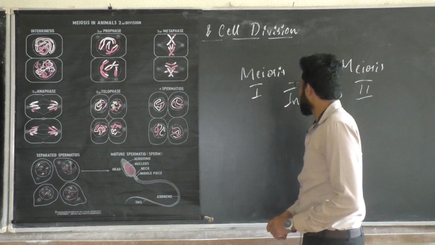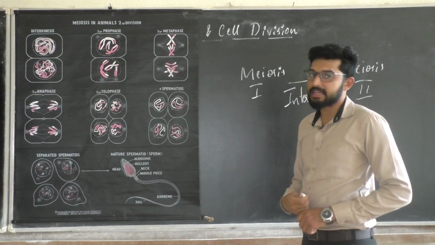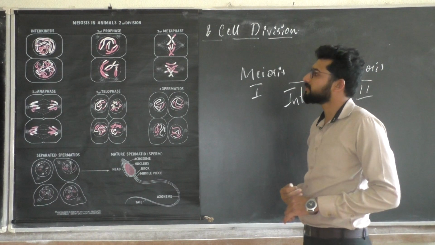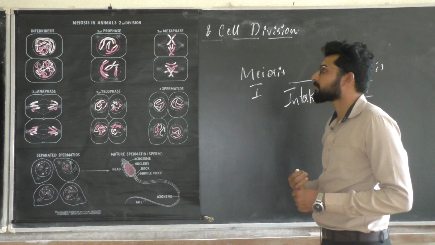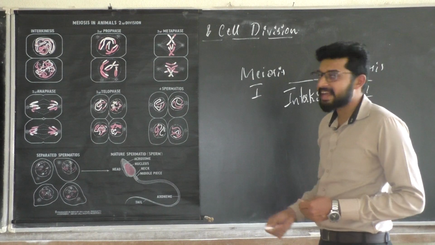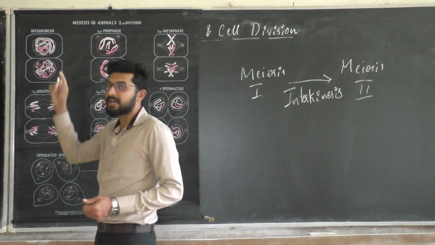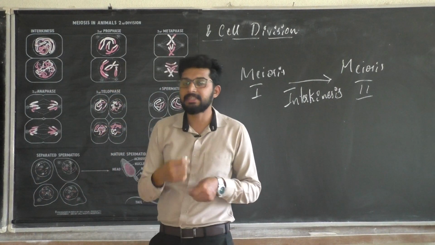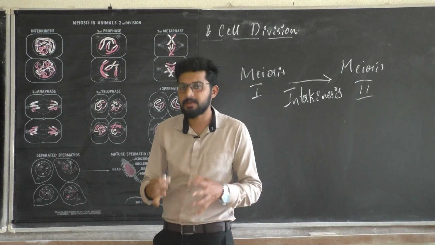Now, if we need to enter the stage of meiosis 2, what will happen? Same as in mitosis, the nuclear envelope starts to disintegrate.